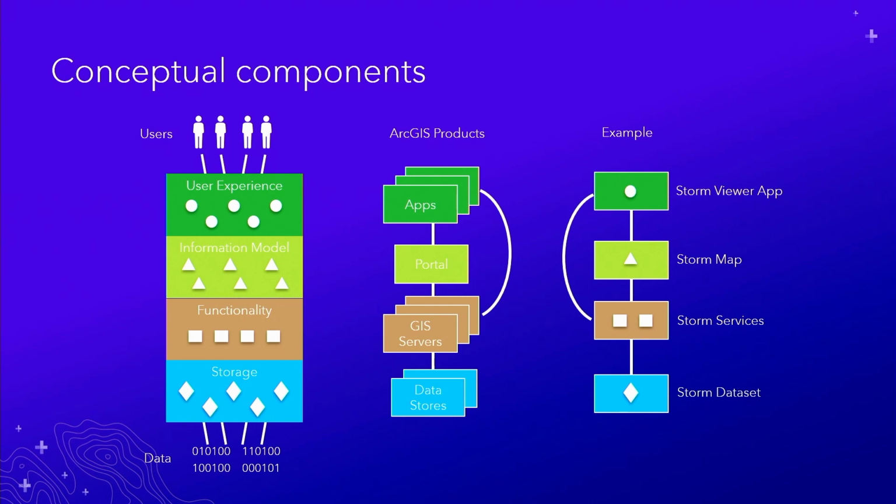In this presentation, however, we're specifically focusing on those 2 middle tiers. The service tier, those web services that we publish to make our data available for some type of functionality, whether it's mapping and visualization or analytics, as well as the information model that then sits on top of those web services. That's the main focus of today's presentation.